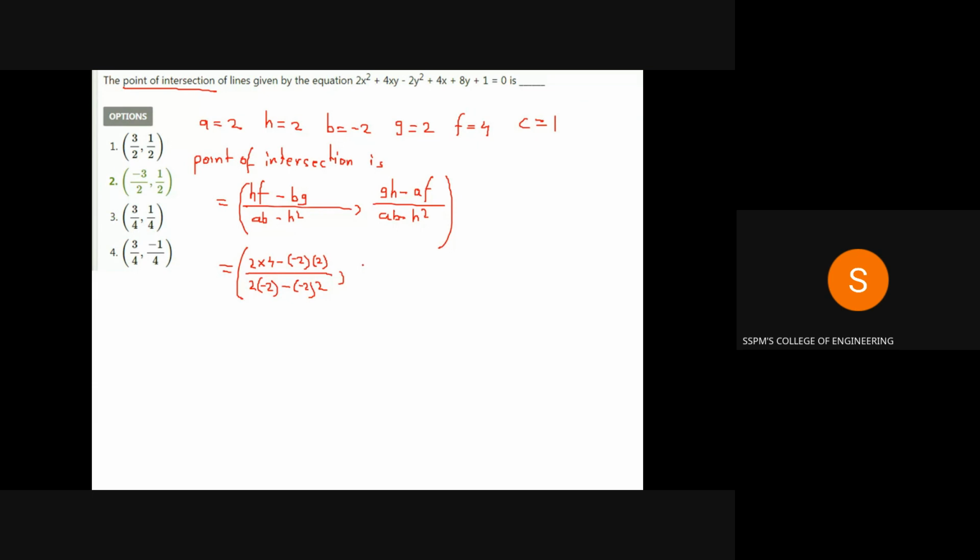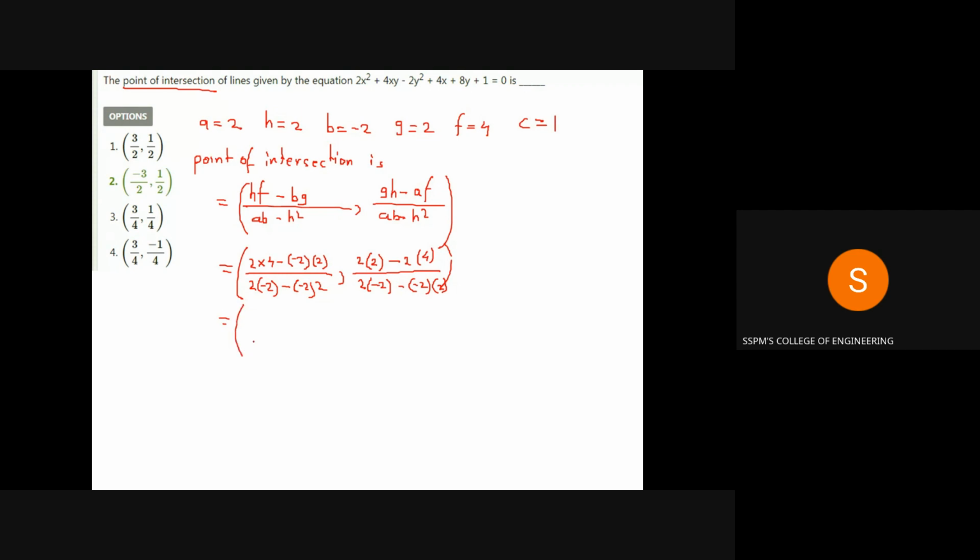For the y coordinate, we have g is equal to 2, h is equal to 2 again, minus af. So a is equal to 2 and f is equal to 4, divided by the same denominator, 2 into minus 2 minus 2 square. This is our point xy.